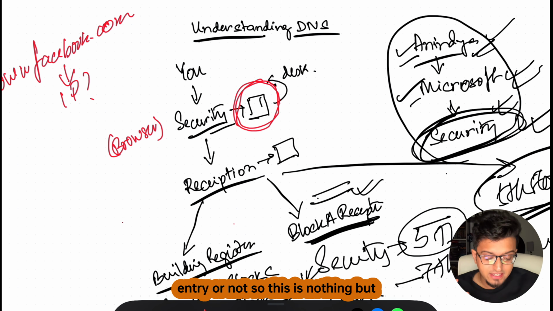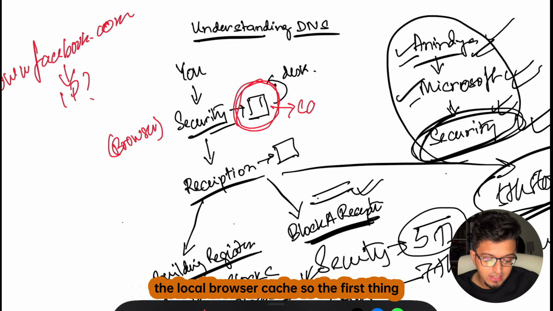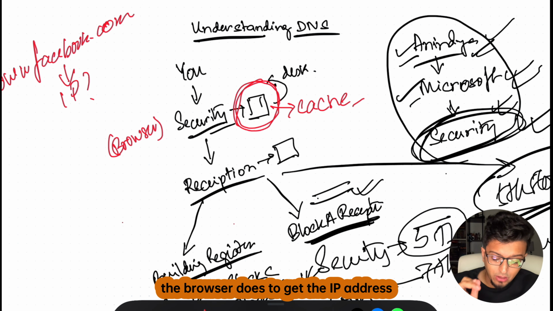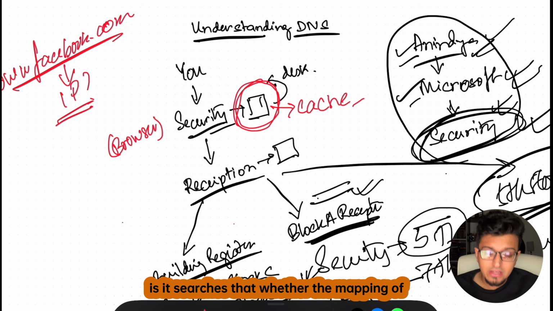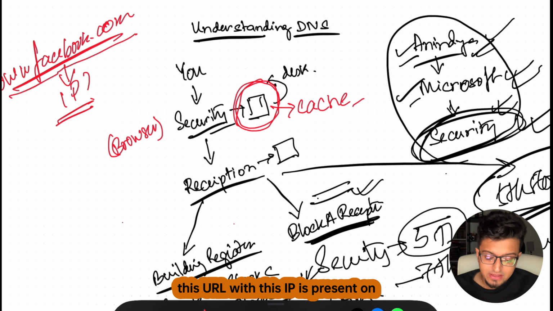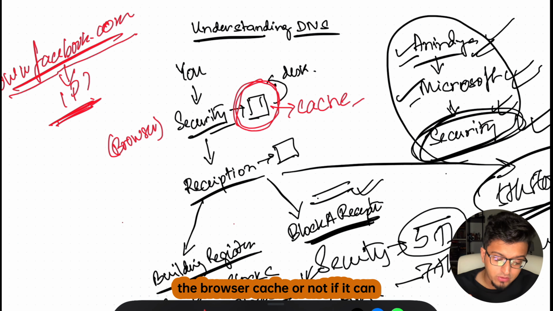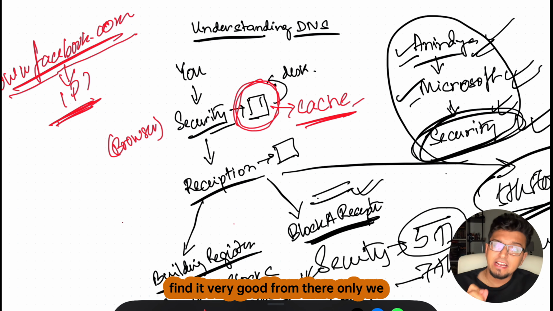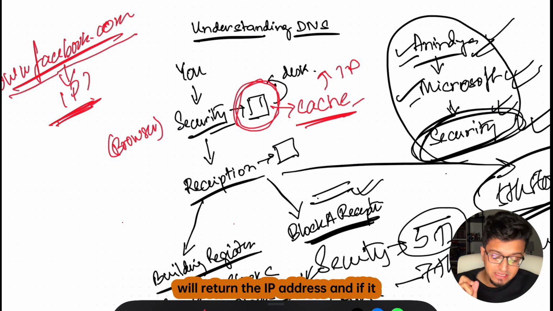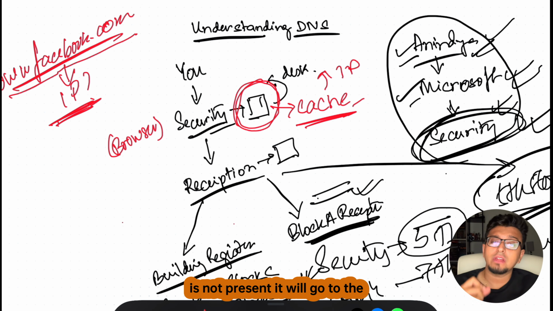This is nothing but the local browser cache. The first thing the browser does to get the IP address is search whether the mapping of this URL to an IP is present in the browser cache. If it can find it, very good, we will return the IP address from there. If it is not present, it will go to the next step.